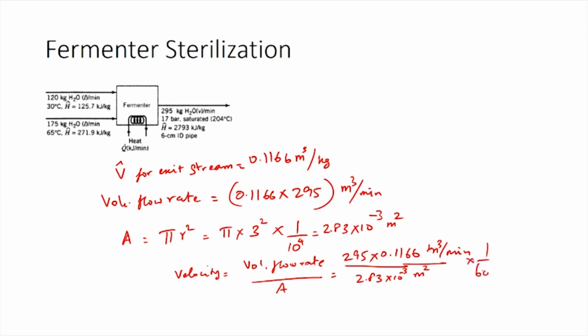So, we divide it by 60, giving us the velocity as 202 meters per second. So, this is the velocity of the exit stream.